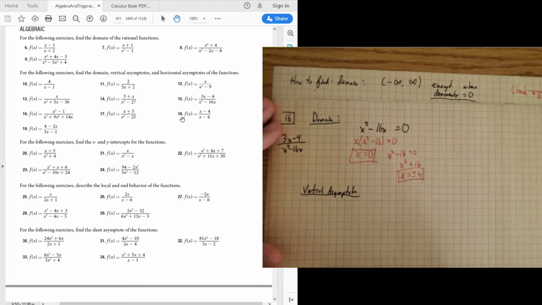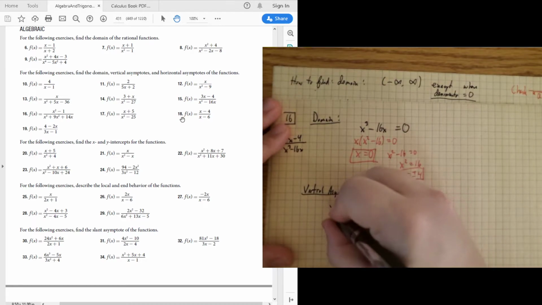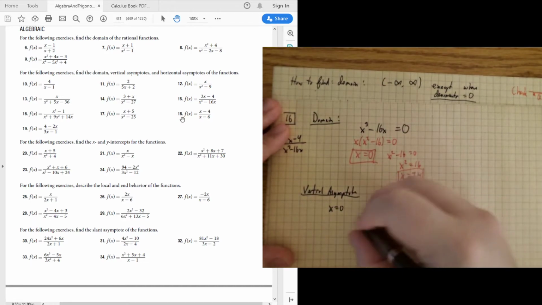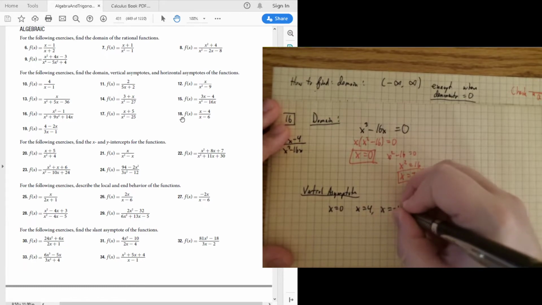Vertical asymptotes, remember, are places where the denominator equals 0. Well, that means that I'm going to have vertical asymptotes at x equals 0, x equals 4, and x equals negative 4.